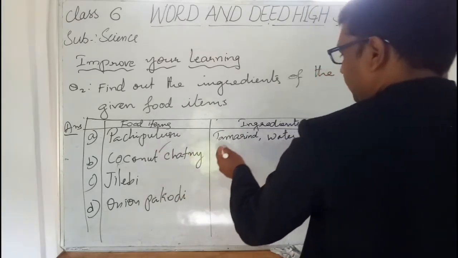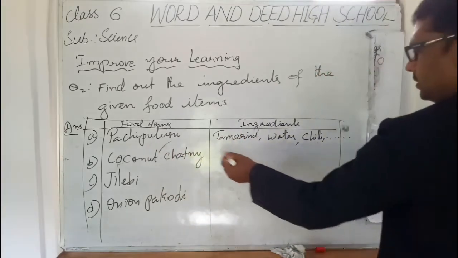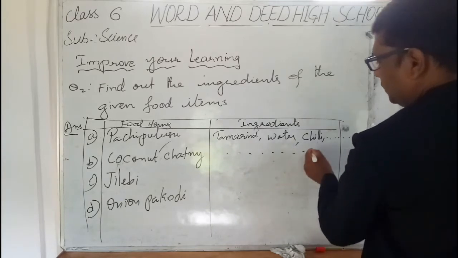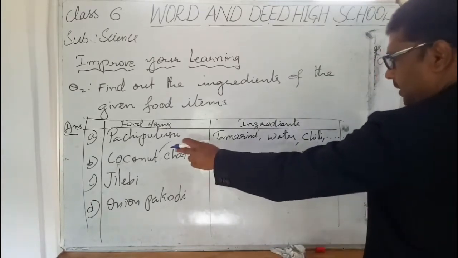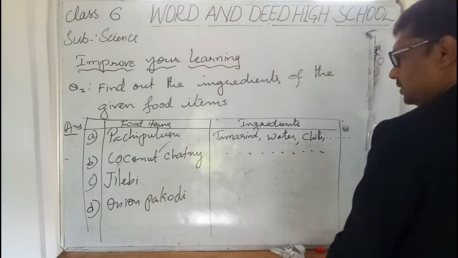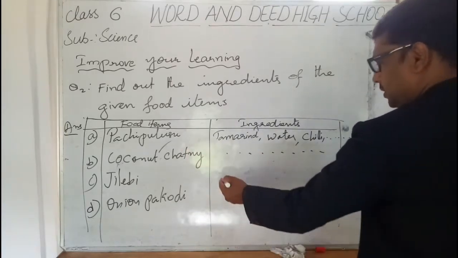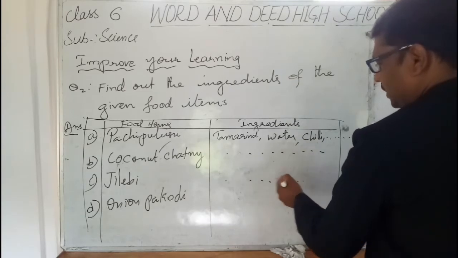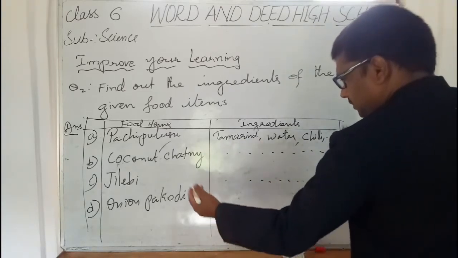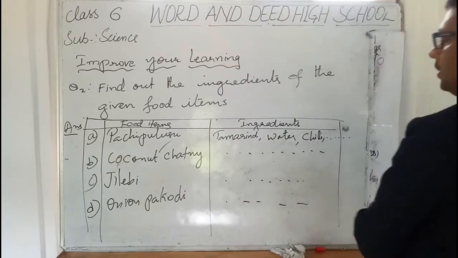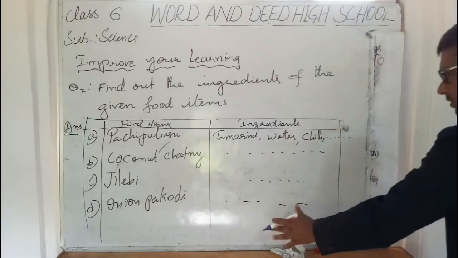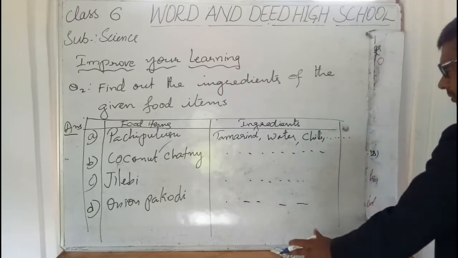And what are the other ingredients needed to prepare this food item? You just mention the names of the ingredients required to prepare this coconut chutney. Next, jalebi, same. You have to write the names of the ingredients, and onion pakodi also, same like that. Okay, you have to write the ingredients required for these food items here.